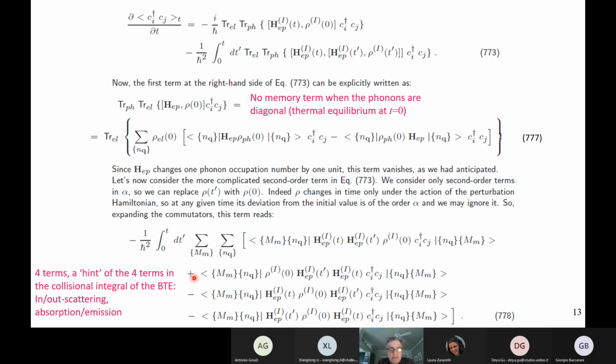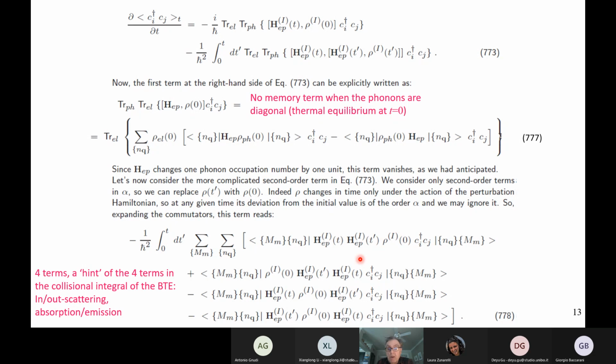This is already a hint that out of these four terms, you are going to get one pair of terms that will represent in-scattering and out-scattering terms for emission and absorption processes. So in principle, if we think about the collisional term of the Boltzmann transport equation as we formulated before, we are on a good path towards approaching that.